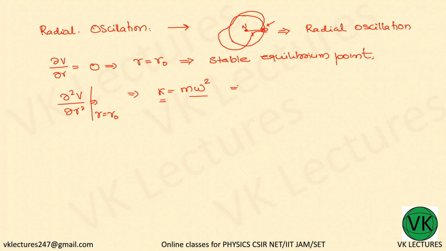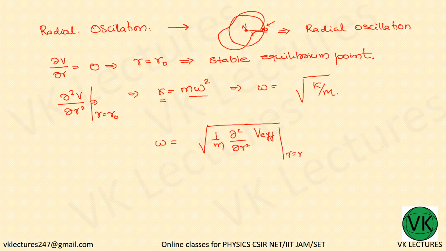From here we will get omega equal to under root k by m. Now omega is equal to under root 1 by m into dou square by dou r square of V effective at r equal to r naught. When r equal to r naught, this particular quantity gives us the oscillation, that means how much oscillation there is.